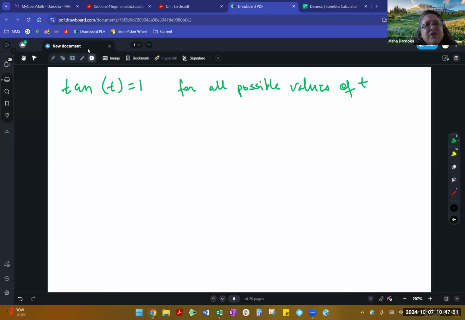You can go back to the unit circle to help you out if you're not sure how to come up with that. Because my one hint to you guys would be to think of the tangent function as the ratio of sine over cosine.